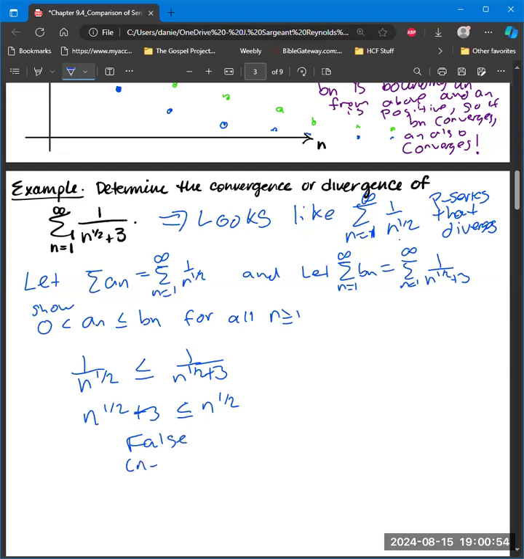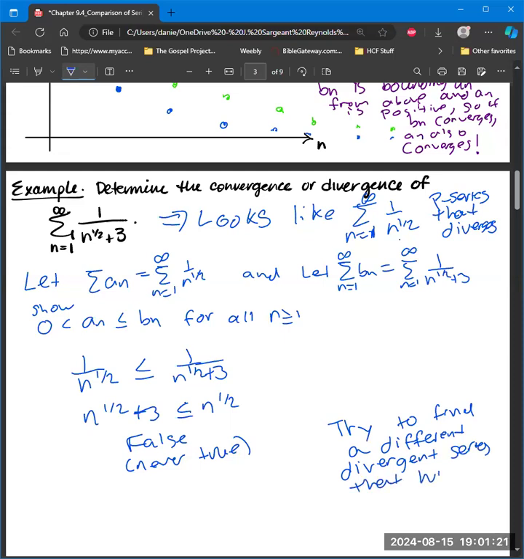It's never true. So try to find a different divergent series that will bound bn below.